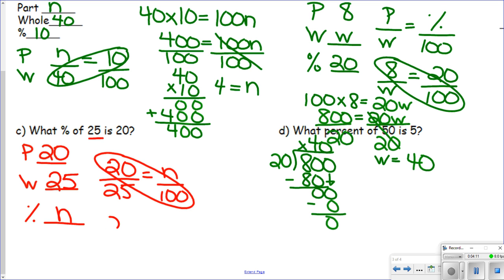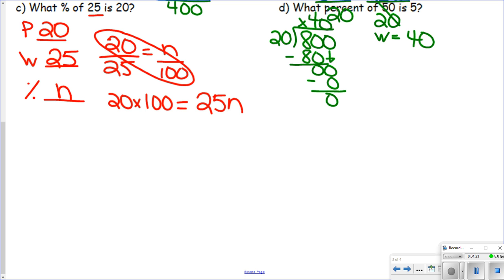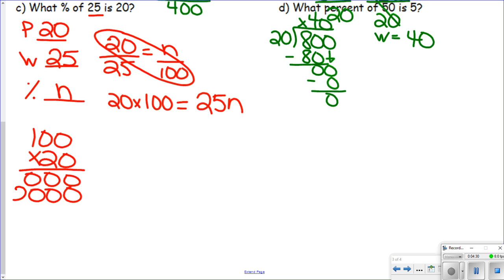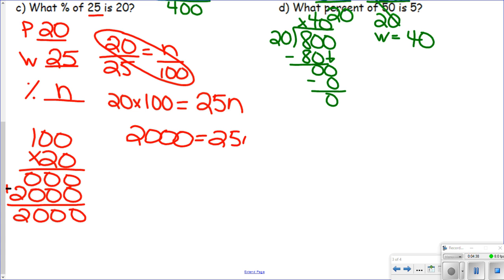Cross multiply. 20 times 100 is 2000 equals 25n.